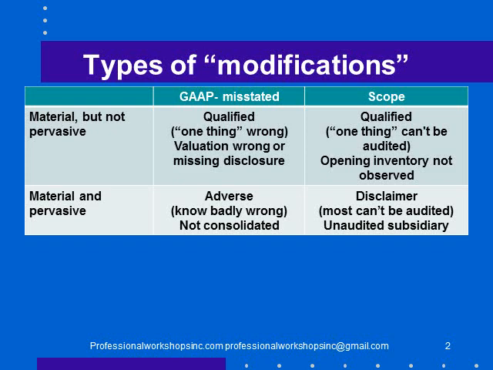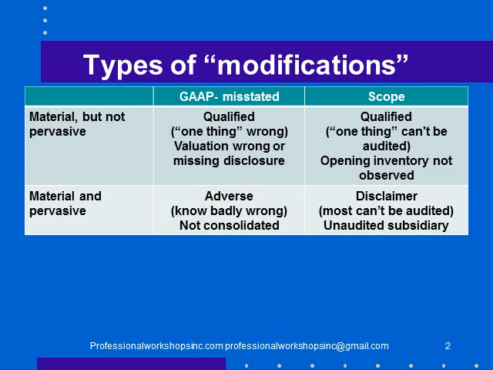And not pervasive means one thing wrong, something you can clearly describe in the audit report so the user will clearly understand, or is it a pervasive problem where everything's wrong? An example of one thing wrong is valuation of inventory. We know it's wrong, and we will describe that in rather too much detail in our audit opinion.